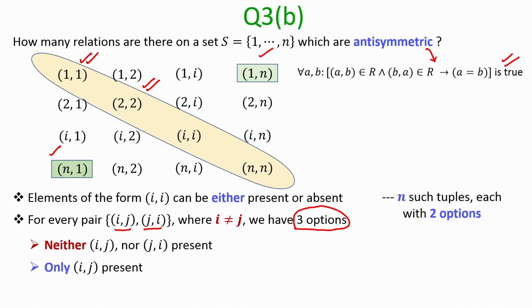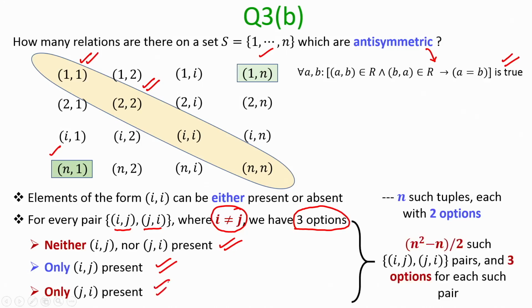Option number 2, that I include only (i, j) in the relation, but exclude (j, i). Remember, I can't have both (i, j) as well as (j, i) in my relation, because I am considering the case when i is different from j, and if i is different from j, then as per the property of an antisymmetric relation, both ordered pairs (i, j) and (j, i) are not allowed to be included. So, I have only three possibilities: include none of them, or include (i, j), or include (j, i), right.